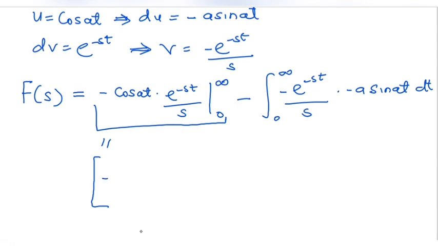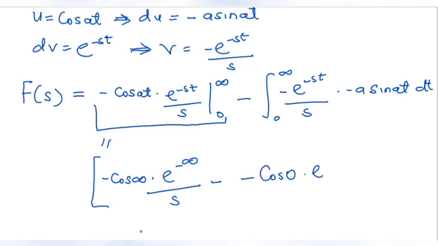We're going to have negative cos at t is infinity, so it's just going to be negative cos infinity, that's e to negative infinity all over x, minus, okay, when t is 0, minus cos of 0 e to the power of 0 all over x.